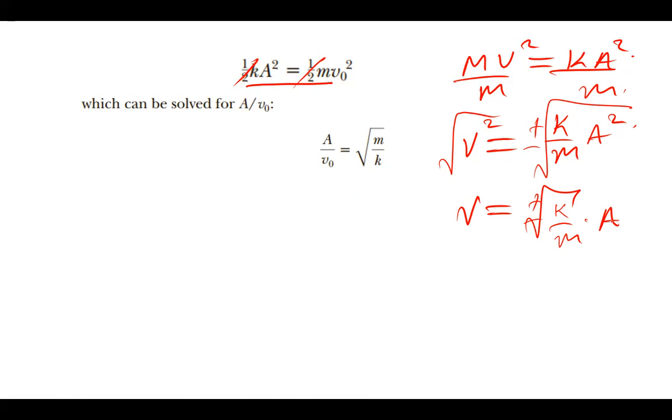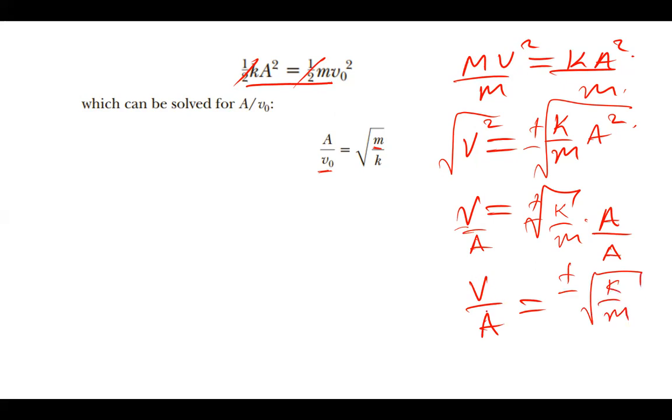Now, if you want to find the ratio of a over v, or if you want to make a the subject, I'm sure some of you are looking at what is under the square root and asking how come the m according to them is on top, my m is down there. It's because the value of v is down there, my v is on top there. So if I make the ratio here, my a is going to be down, meaning my ratio will be v over a, which will just be plus or minus the root of K over m.